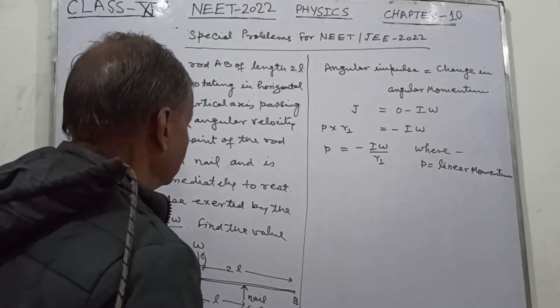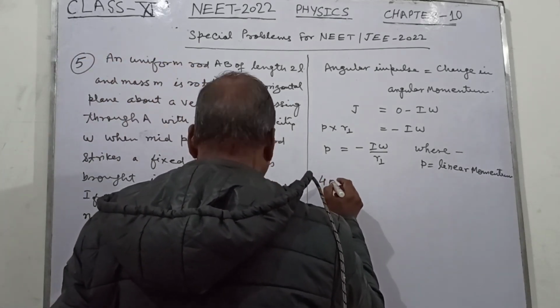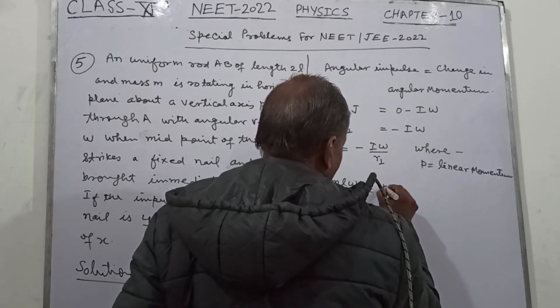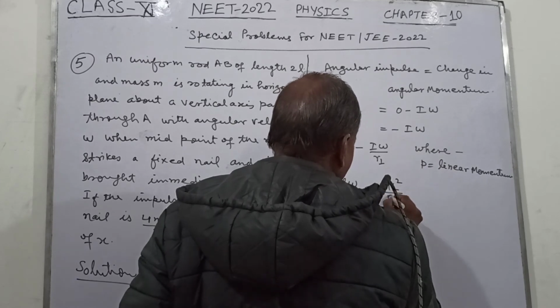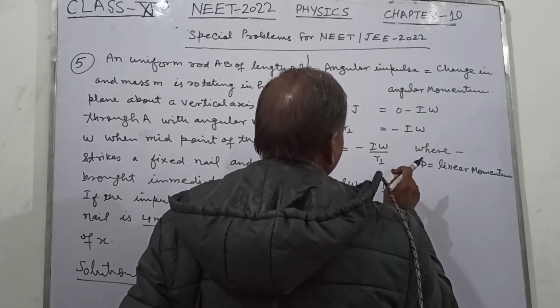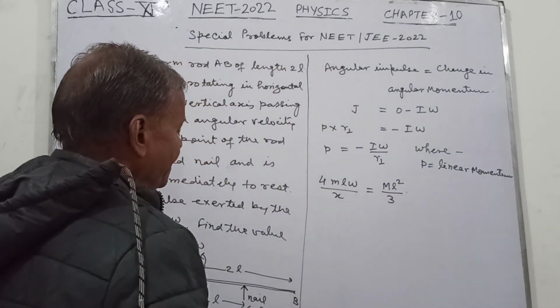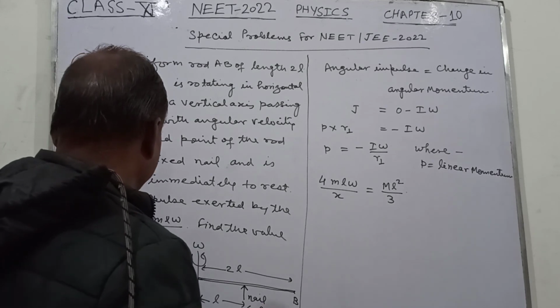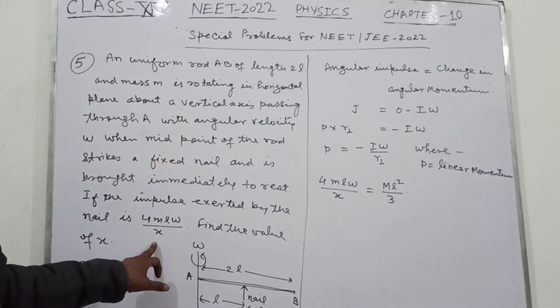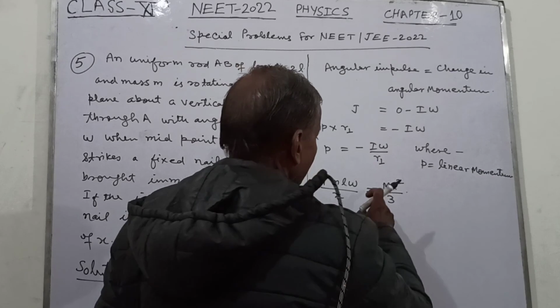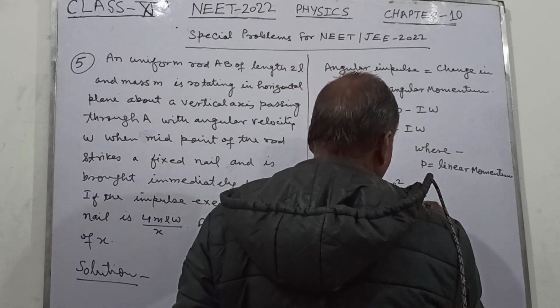This is not the impulse. 4 ml omega upon x is equal to, this is now your ml square upon 3, and this is now your ml square, omega upon L.